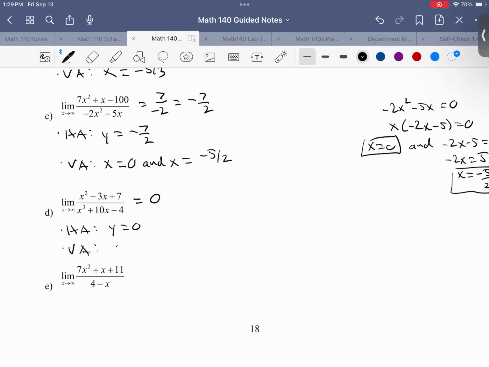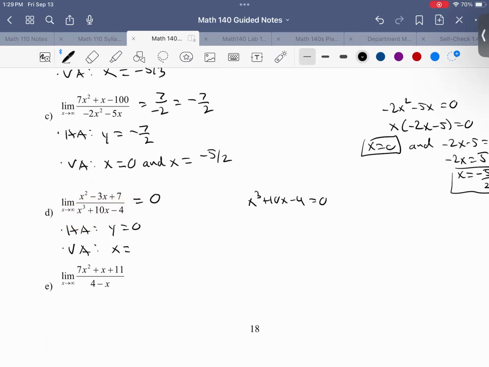Okay, so vertical asymptote is when this guy is 0, right? So let's go ahead and figure that out. So x cubed plus 10x minus 4 equals 0. So this one is more complicated than before, right? We can't just set equal to 0 and solve. And also, this is just not factorable. We can't factor this at all. So, simple trick is to just graph this guy and see where it crosses 0.